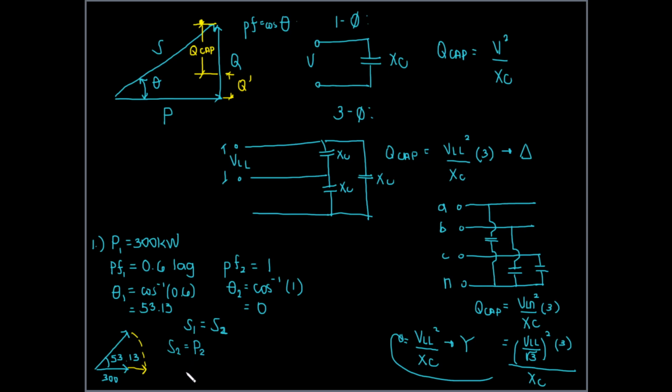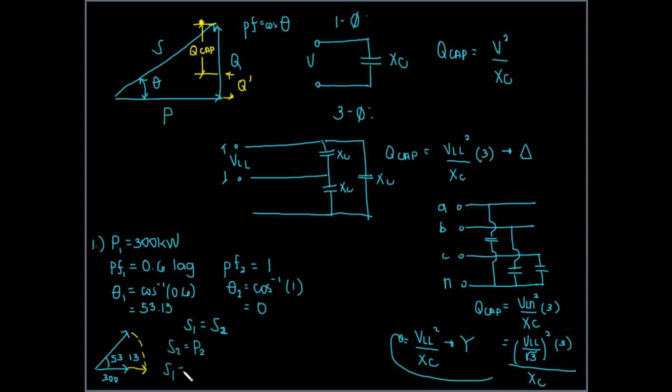So how do you solve now for the additional power that you can accommodate? Because it's very clear from this diagram that the real power is going to increase once this triangle closes. So of course, we can solve first for the original value of your S. So what is S1 in the first place?